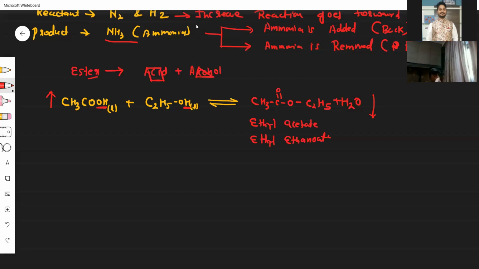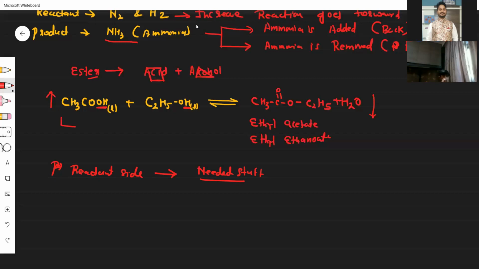Whatever thing is present on the reactant side is like needed stuff. If you decrease the needed stuff, the reaction is like, no, no, I don't want that, because that is a needed thing. So the reaction will go in the backward direction.